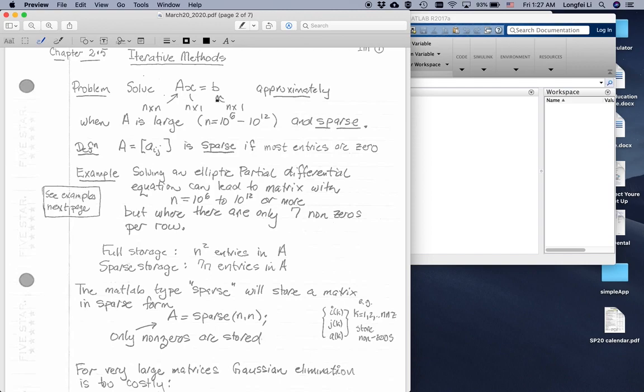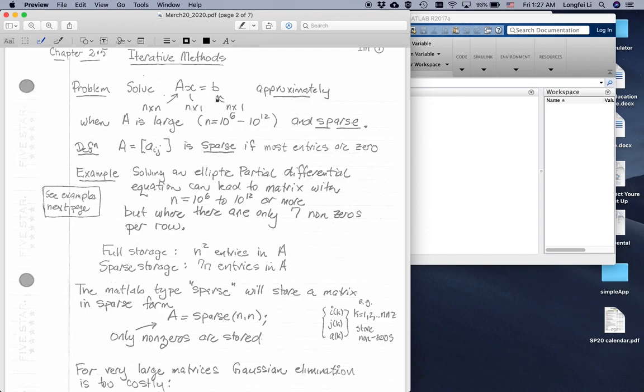So far we've learned the Gauss elimination method and its variations, like Gauss elimination with pivoting, or we can rewrite it as LU factorization, or LU factorization with permutation, right? PA equals LU factorization. But we've shown you how to calculate the complexity, right?